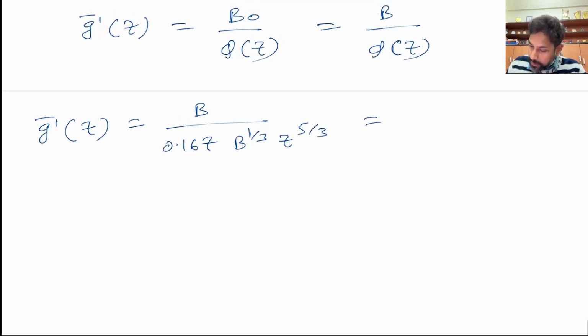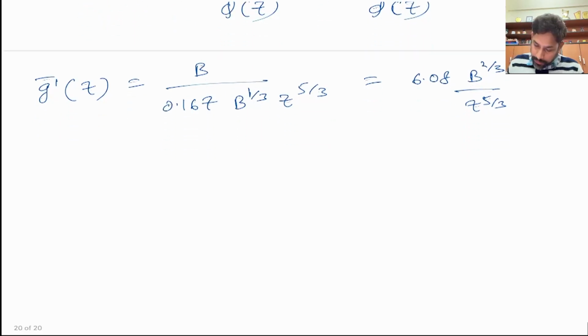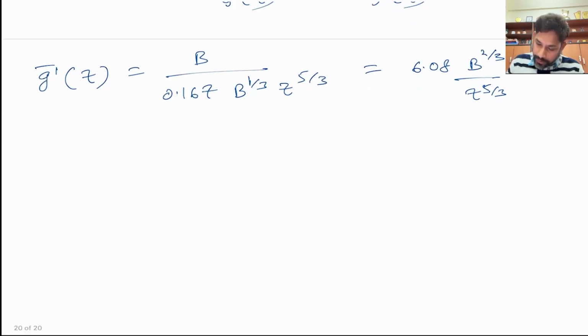And this gives us g prime bar as 6.08 B to the power 2 by 3, z to the power 5 by 3. Okay, so this is the g prime bar value we get.